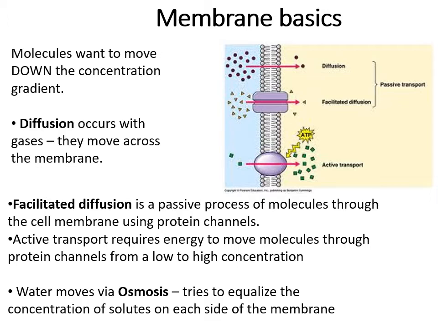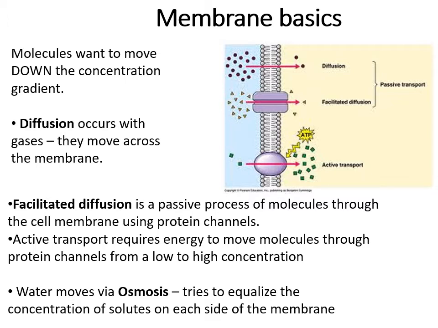Now we'll talk about proteins that require energy, active transport to move molecules across. Okay, and there's many molecules that want to get from the inside of the cell to the outside, and some that want to get from the outside of the cell to the inside.